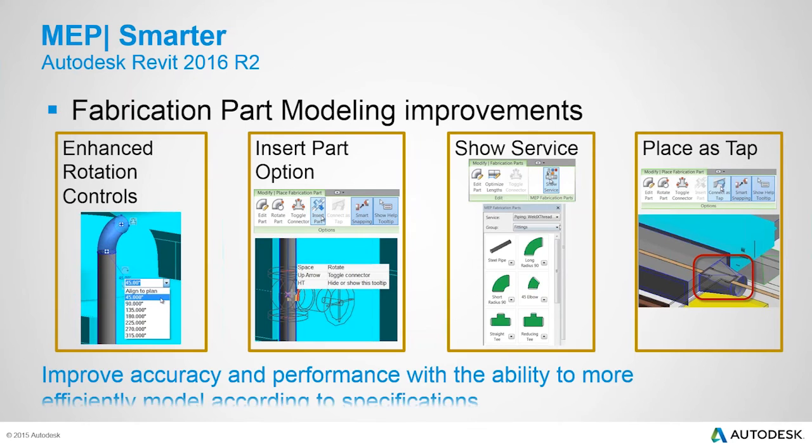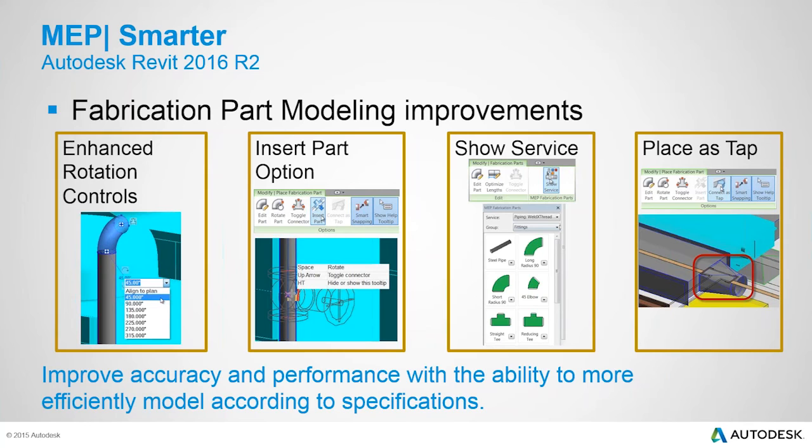When using the fabrication parts in Revit, you can place fittings on the sides of rectangular ducts now, such as square to round fittings using tap placement. Once the tap has been placed, it can be positioned anywhere on the duct surface.